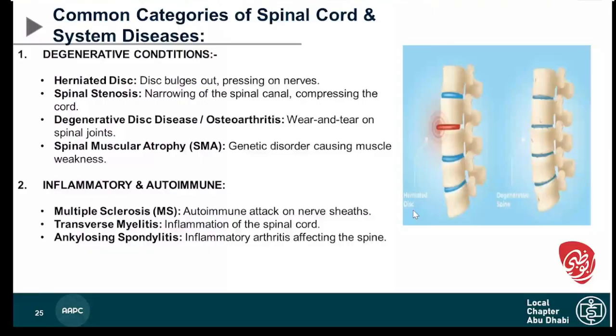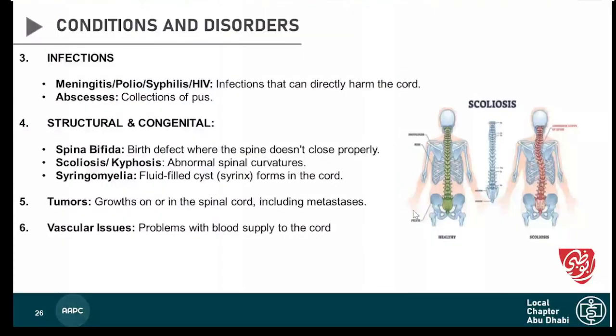Okay, so next we move on to the common conditions affecting the spinal cord. For our better understanding, we can categorize these spinal conditions into degenerative, inflammatory, infective, structural and congenital, and tumors and vascular issues.